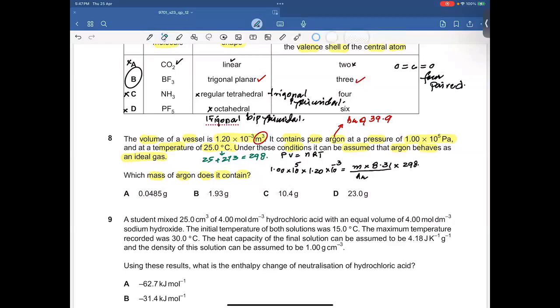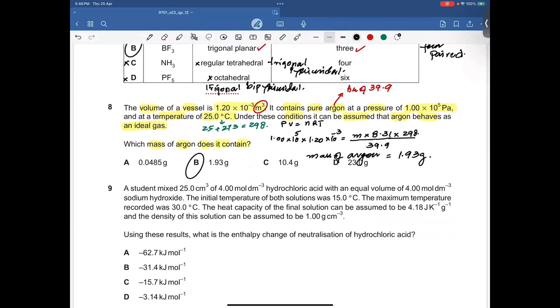AR is basically 39.9. And mass is what we need to find out. So mass of argon is going to be 1.93 gram. So 1.93, actually B is going to be the right answer.